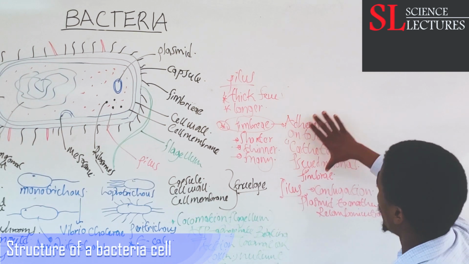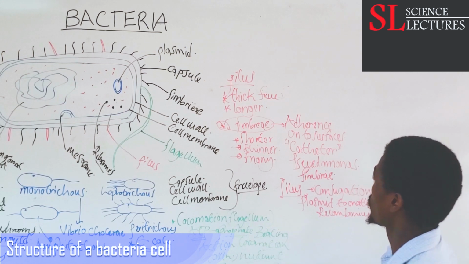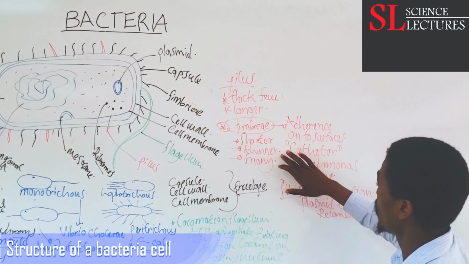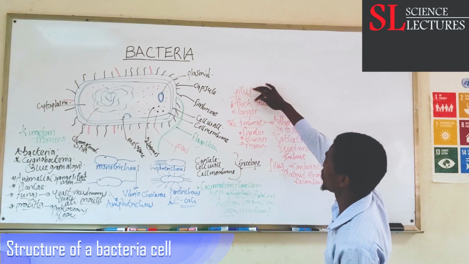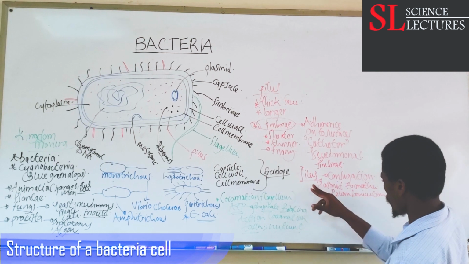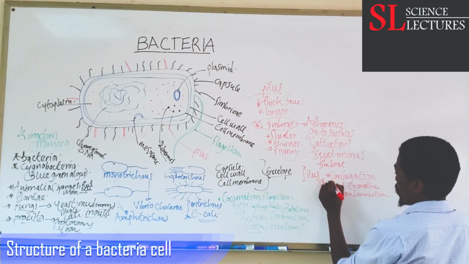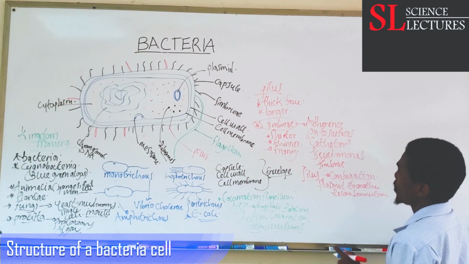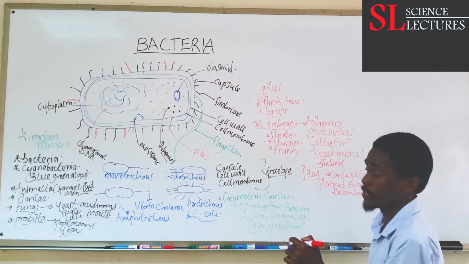So the fimbriae, we've said basically they are used for adherence and attachment onto surfaces. However, they are shorter, thinner, and many as compared to the pili. The pili are thick, few, and longer in length. These pili do a basic role in conjugation, but they do still have another difference. And where does the difference lie?